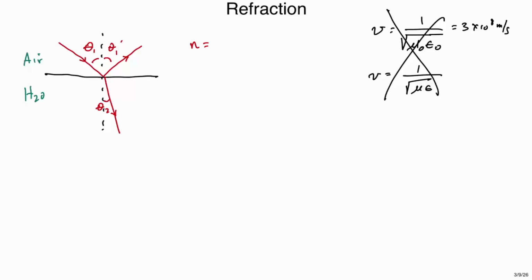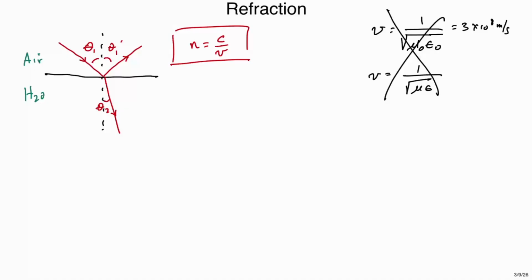By definition, it's the speed of light in a vacuum divided by the speed that wave is traveling in the material. We'll learn a little later today how to measure this index of refraction. It turns out it's easier to measure the index and then figure out the speed of light in the material than to do it the other way around.